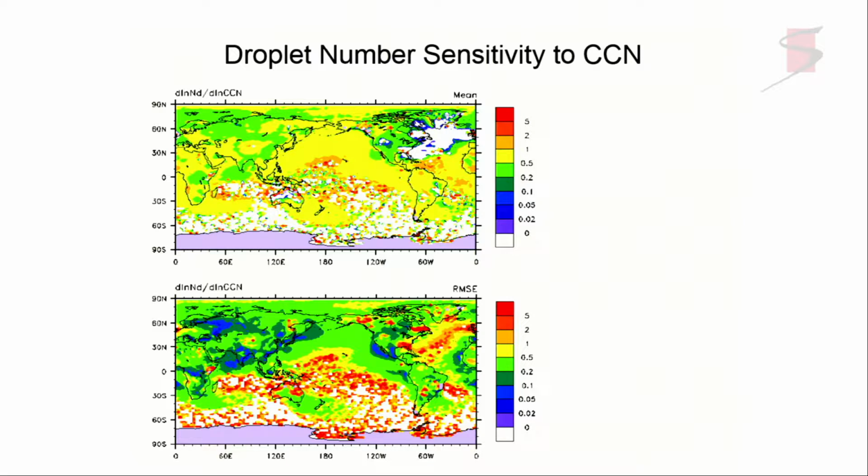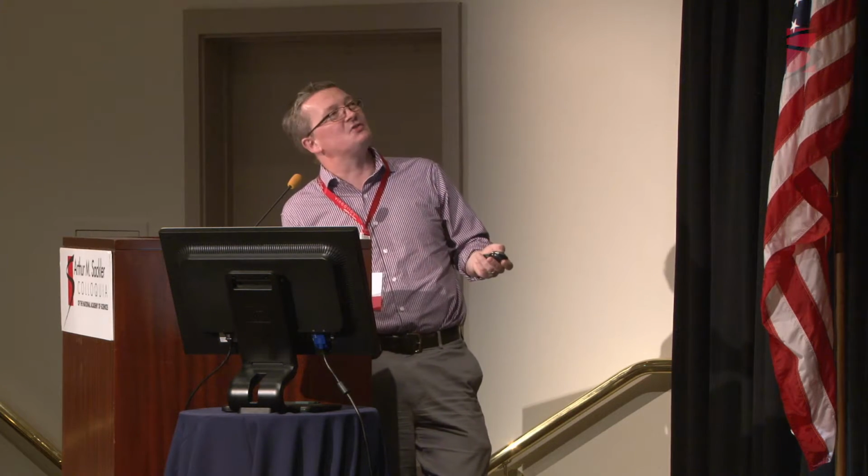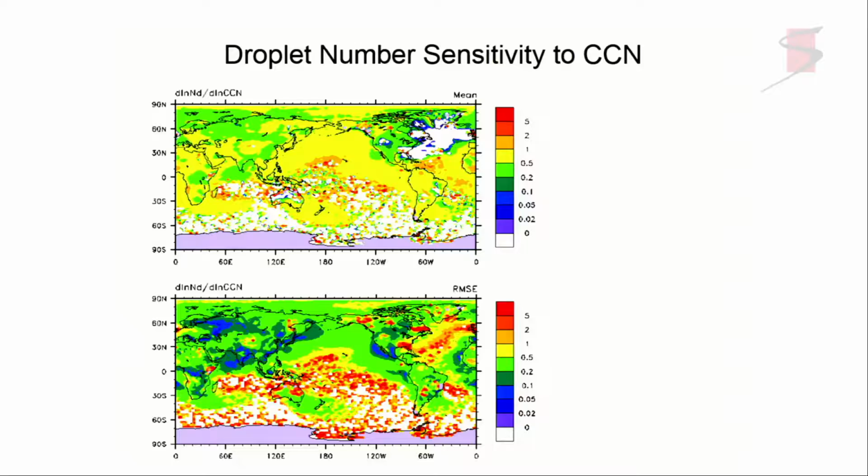You could also say, well, the droplet sensitivity over oceans to CCN number concentration. Bear in mind that in regions where there's no anthropogenic pollution, these numbers are not going to be very meaningful, right? Because the denominator of the derivative is going to be highly uncertain and small. So concentrating on where the anthropogenic pollution is, you find that the greatest sensitivities are over ocean.